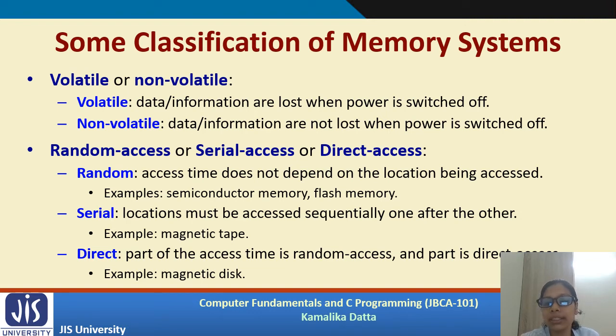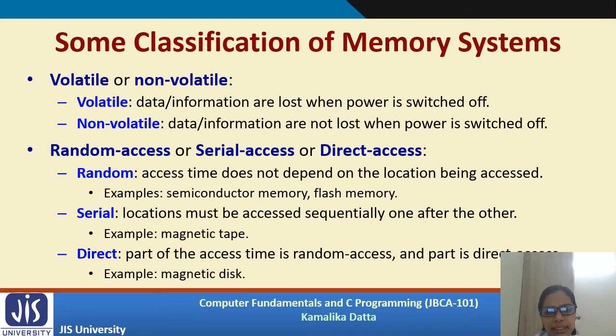And what is non-volatile memory? Your disk. You store certain instructions or certain data, it is still stored there. So those are nothing but non-volatile memory. Fine. Then we have various other categories, which are called random access, then serial access or direct access.